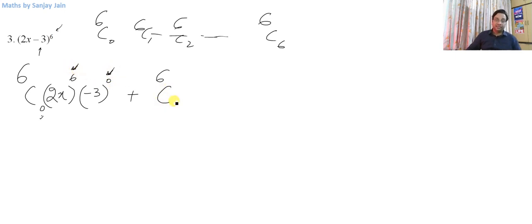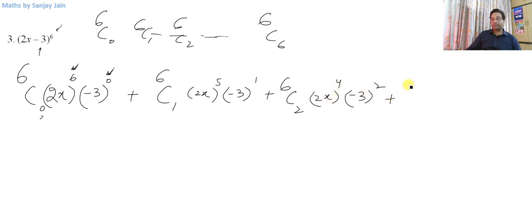So when I write 6c1, I'll raise minus 3 with 1 and 2x with 5, that is 6 minus 1. 6c2, minus 3 raised to power 2, 2x raised to power 4. 6c3, minus 3 raised to power 3, 2x raised to power 6 minus 3.